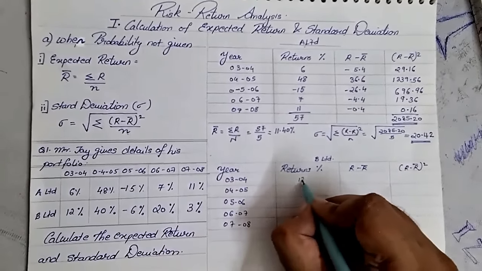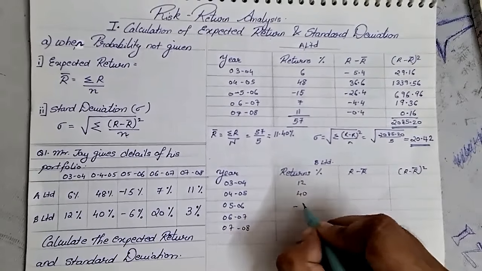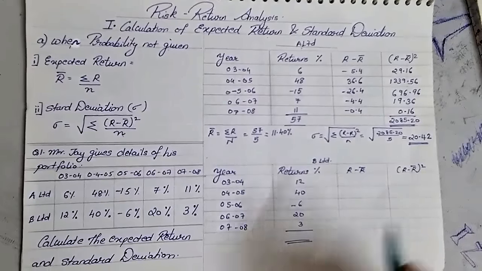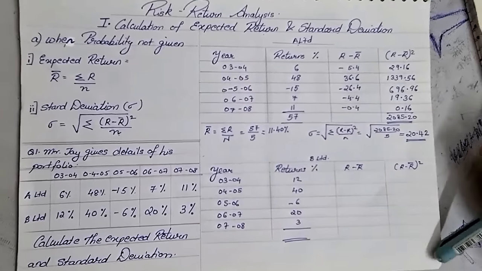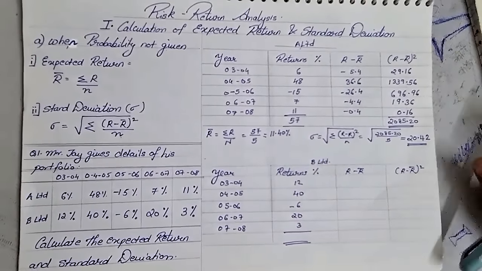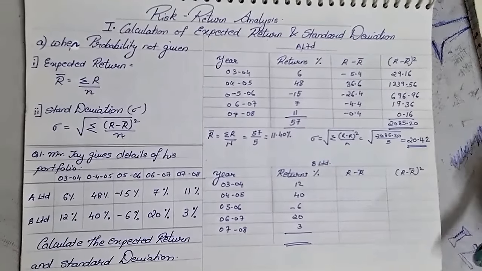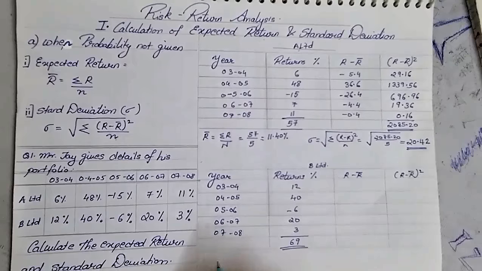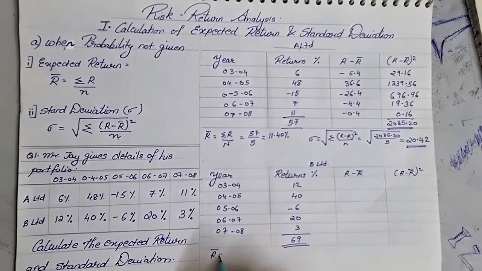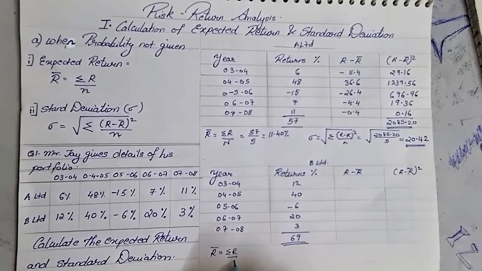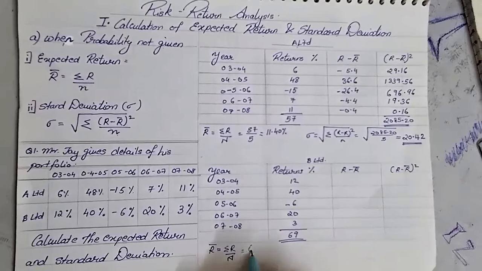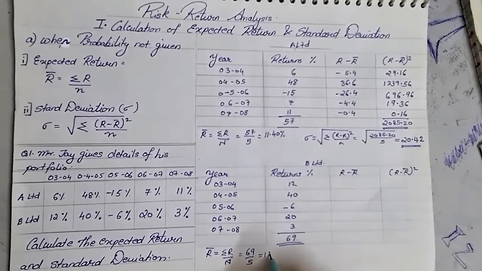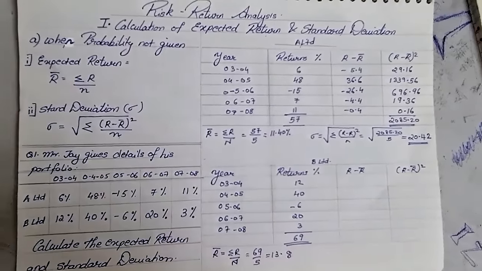Under returns we'll note down 12, 40, negative 6, 23, and the total of which will come to approximately... So we add up the values: 12 plus 40 plus 20 plus 3 minus 6, which comes to 69. So we need to find R bar, the expected return, which is nothing but the total of R divided by N. So in our case it will be 69 divided by 5, which comes to 13.8.